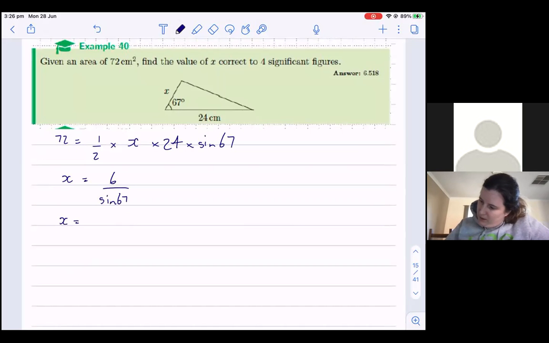I'm in degrees, yep. 6.51816 centimeters. They wanted 4 significant figures. Don't forget significant figures. You include the first, like the ones before the decimal, as long as it's not a 0 at the start. Decide whether to round up. In this case, we won't. So it's 6.518 centimeters.